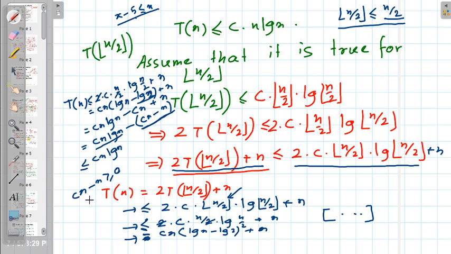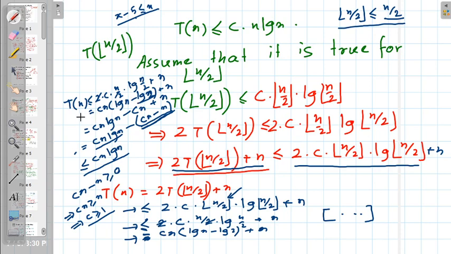So Cn minus n greater equals to 0 means Cn greater equals to n. Dividing throughout by n, we get C greater equals to 1. So for C greater equals to 1, this quantity will be definitely greater equals to 0. Then this inequality is getting satisfied, right?